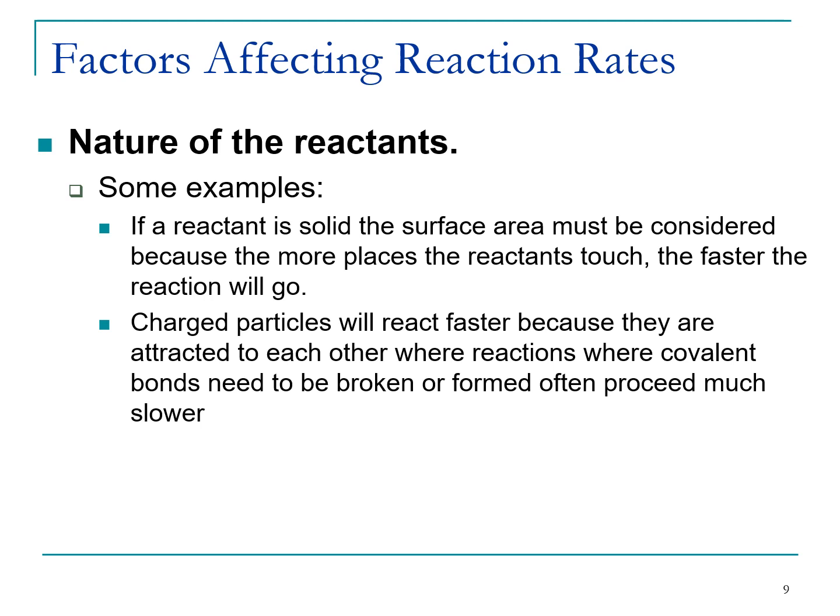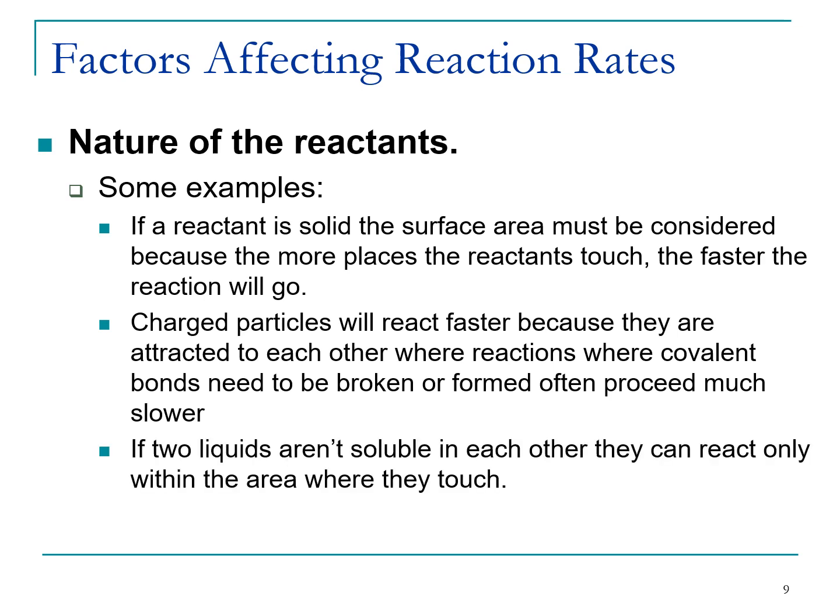Also, charged particles are attracted to each other more than non-charged particles, and that's why precipitation reactions happen so fast. Those ions are attracted to each other, so they generally happen very quickly. And like I said, if two liquids aren't soluble in each other, so they're not in the same phase, the surface area or the places where they touch becomes important.